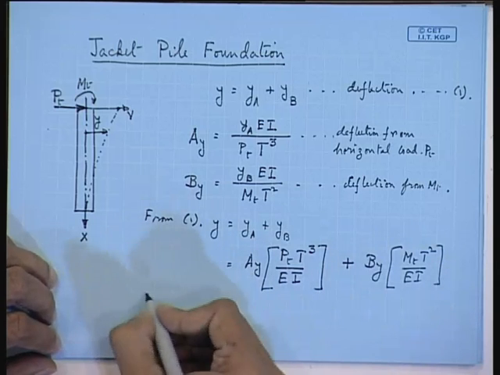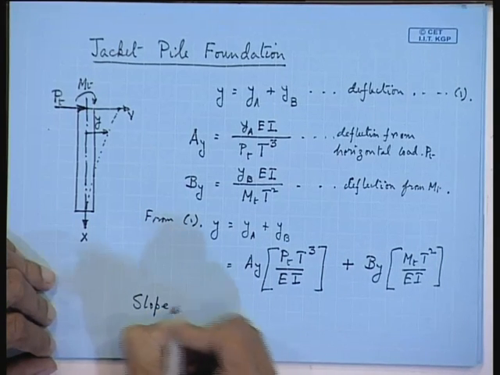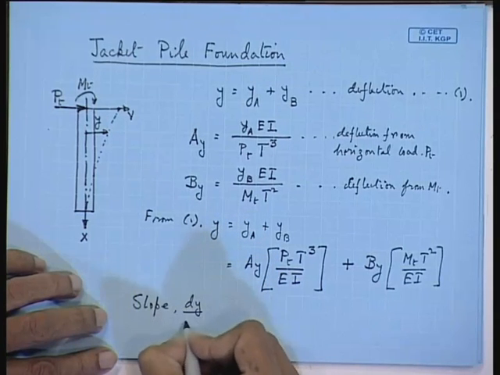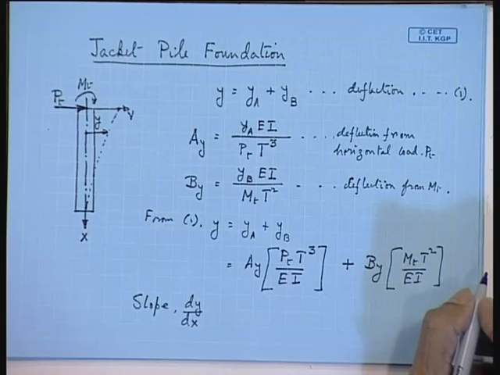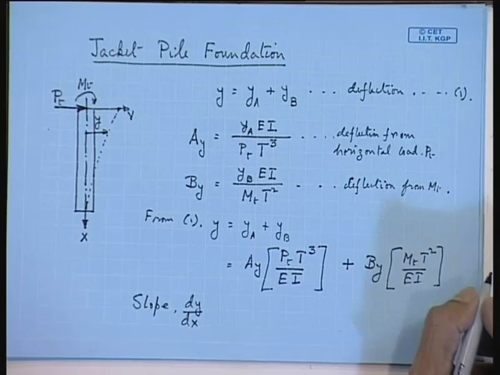Now, you find out the slope equation. Slope is given by dy by dx. So, now you differentiate this equation with respect to x. Now, x has been non-dimensionalized.